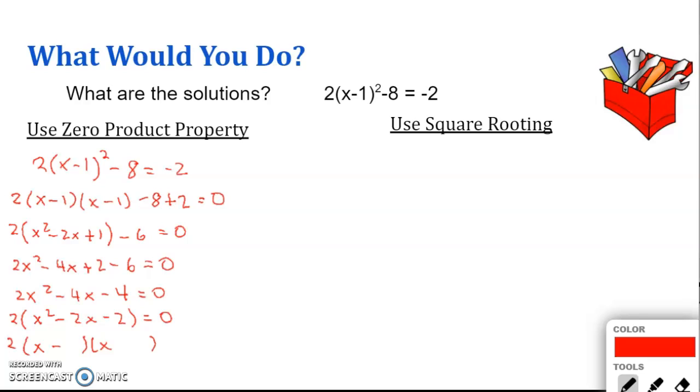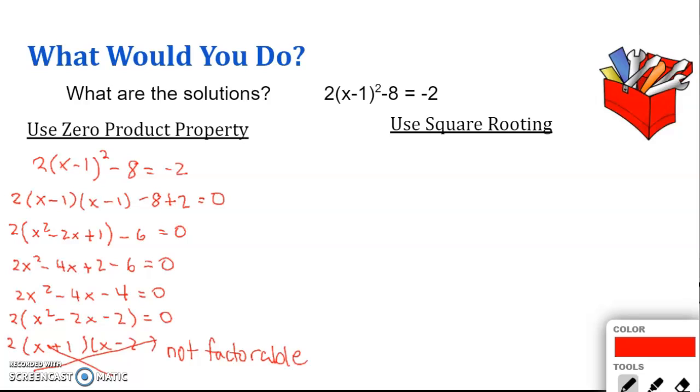So if I have positive 1 and negative 2, or positive 2 and negative 1, either way I am not going to get negative 2 as my sum. So it is not factorable. As well, this is quite a long process in this case.